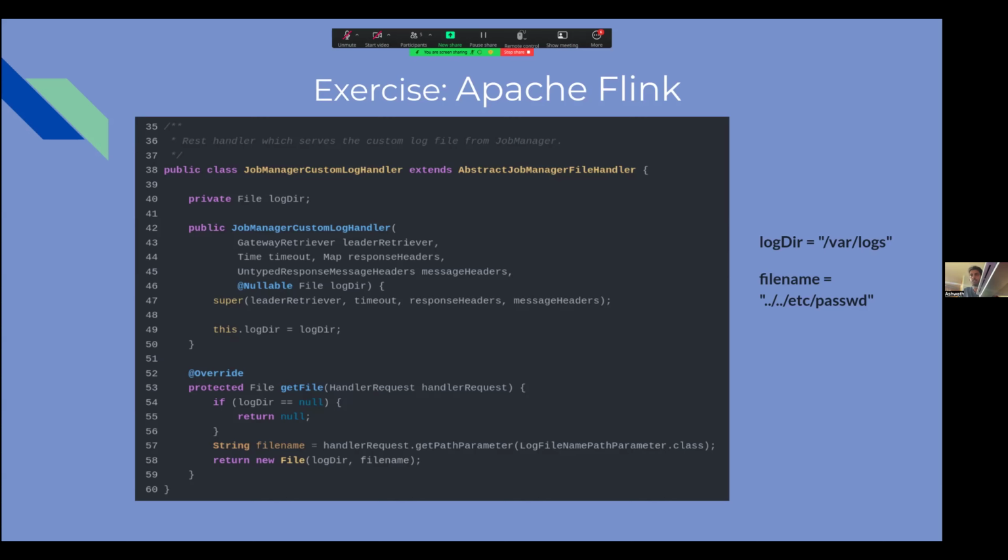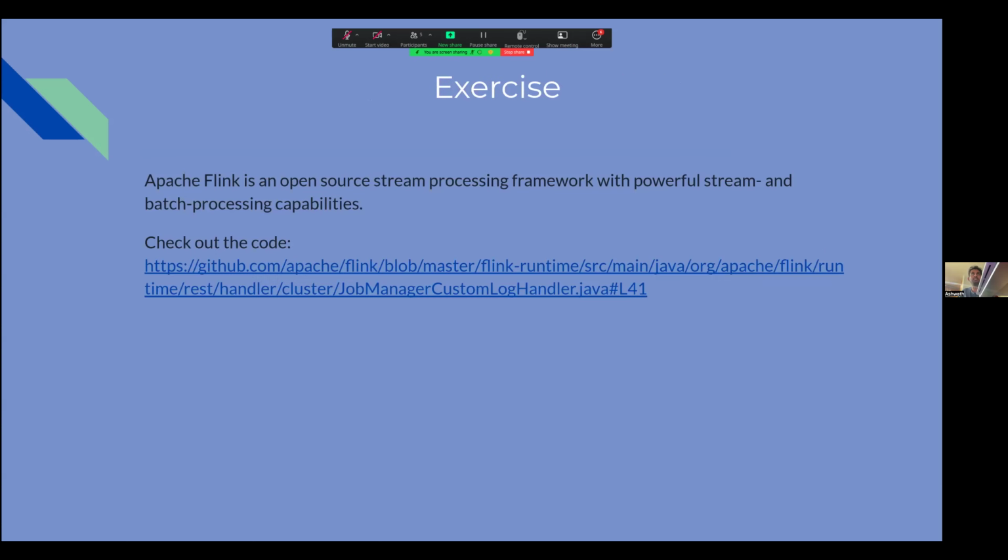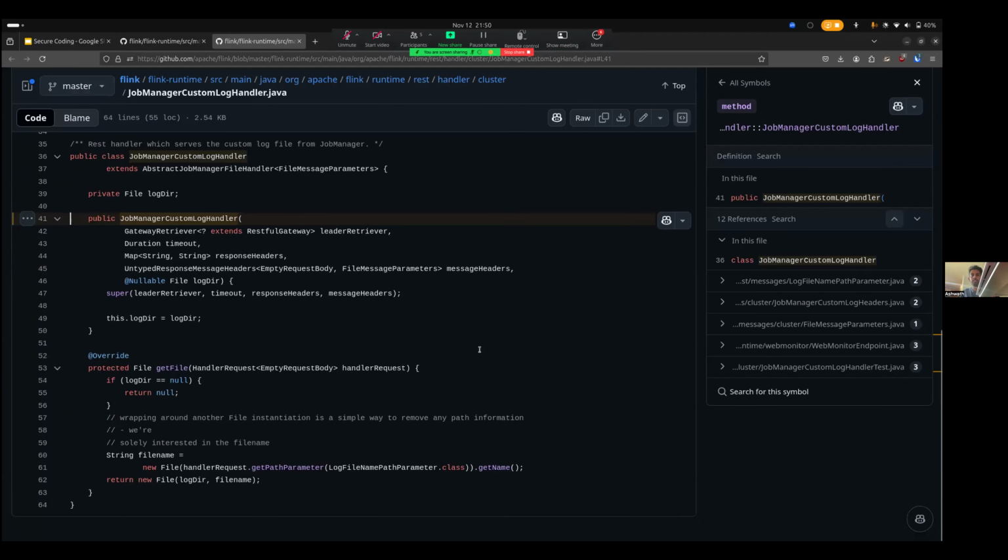If you look at the implementation of this, you can see how they have handled this vulnerability. They have now created a new file after calling the getName method here. The getName method, in line number 61, is basically normalizing the path.